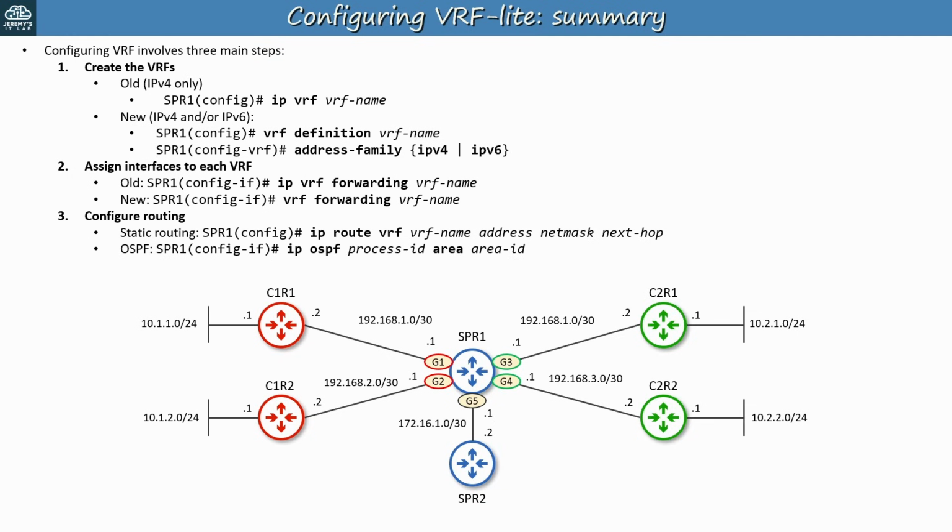And you can activate OSPF on interfaces in a VRF with the exact same command as usual. Just note that the OSPF process is bound to the VRF: router OSPF 1 vrf VRF2 in the example we configured. So that's how to do a basic VRF-lite configuration.